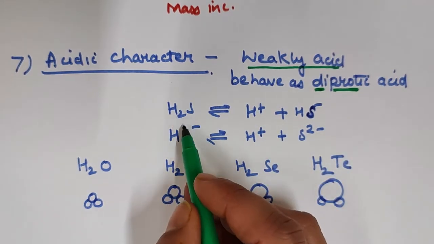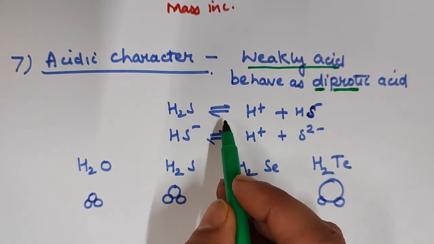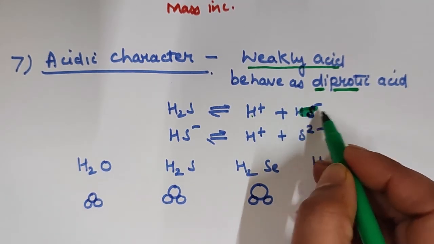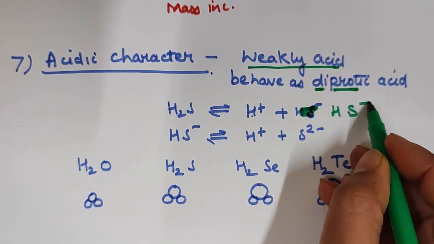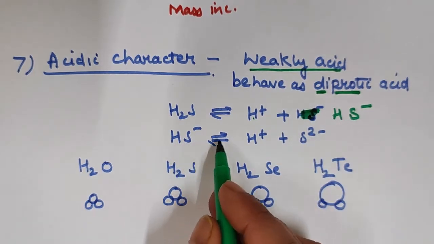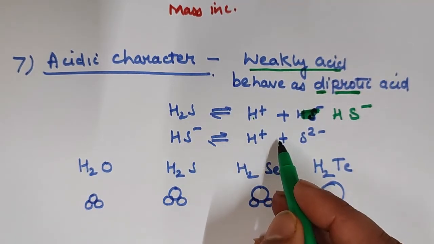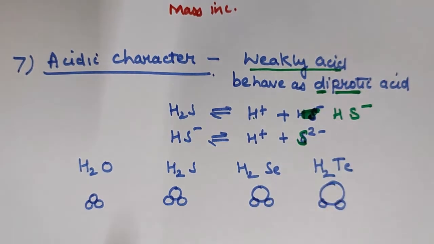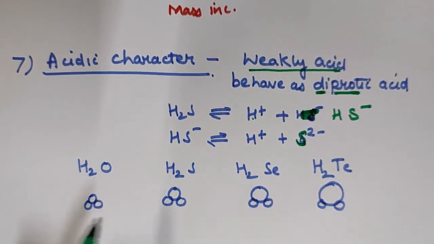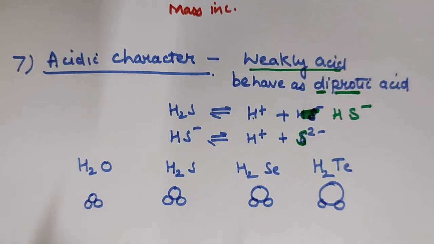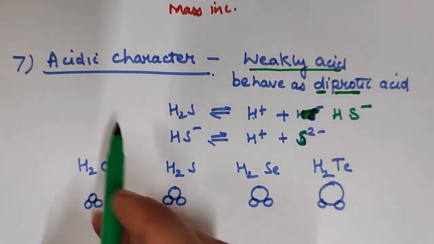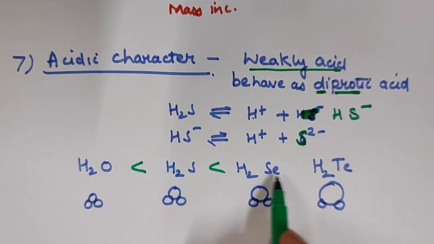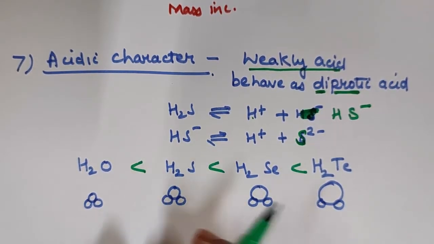If you look at H2S, it will dissociate to give H positive and HS negative, which further dissociates to give H positive and the sulfide ion, S2 negative. The acidic character increases as we move down the group in these hydrides.